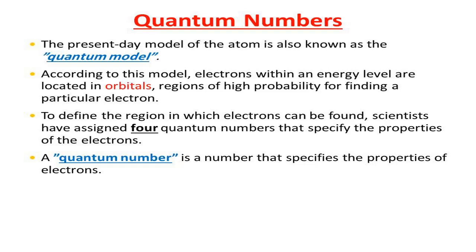After Rutherford, we have studied another scientist called Niels Bohr. Niels Bohr discovered that the electrons around the nucleus are classified according to their amount of energy, and they are distanced according to these amounts of energies.